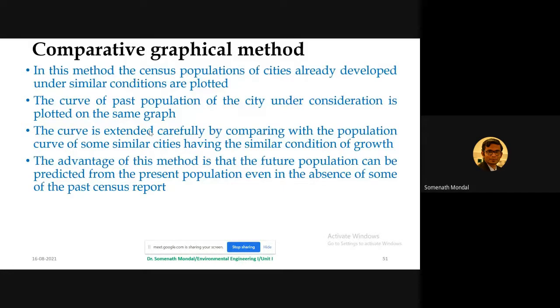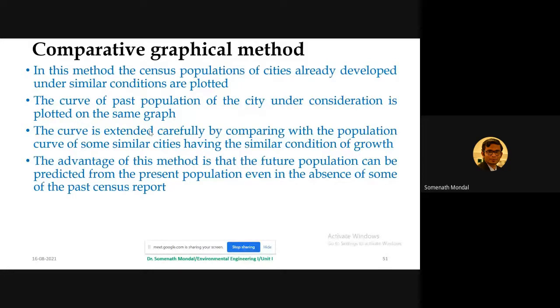So, what is the comparative graphical method? As the name suggests, here we have the provision to compare things of similar features or similar characteristics. In this method, the cities having conditions and characteristics similar to the city whose future population is to be estimated are first selected.